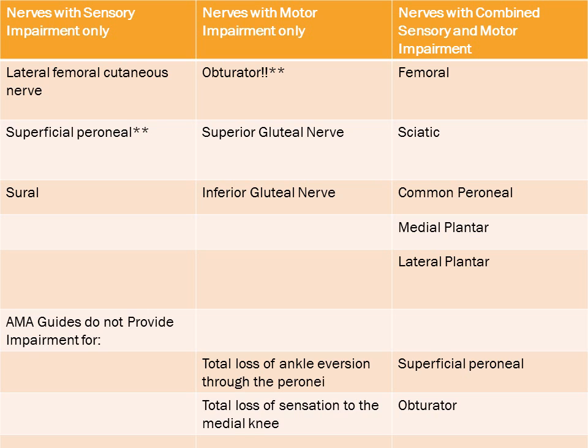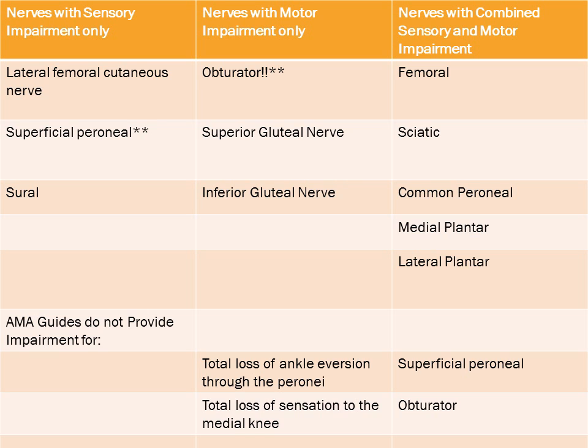So this gives us some indications as to the AMA Guides' position on the role of ankle eversion in activities of daily living. Similarly, the AMA Guides don't provide for any impairment due to loss of sensation to the medial knee because that apparently, in their opinion, has no impact on activities of daily living.